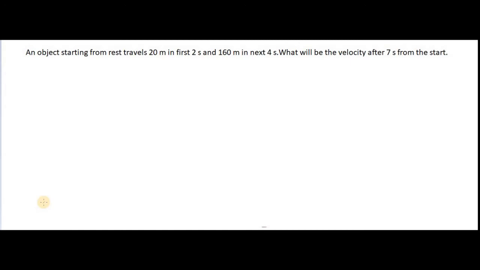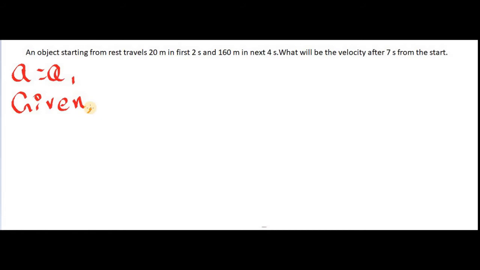Now checking the motion for the next 4 seconds. Let's assume that the acceleration in the second part would be a1, because we are not sure about the motion in the second part. And in this second part also, let's write the values given to us. What are the values given to us?